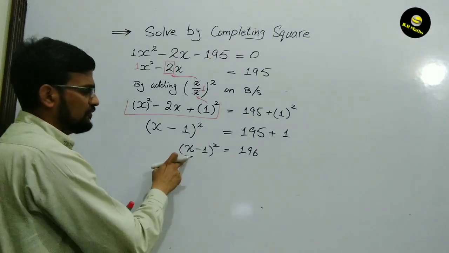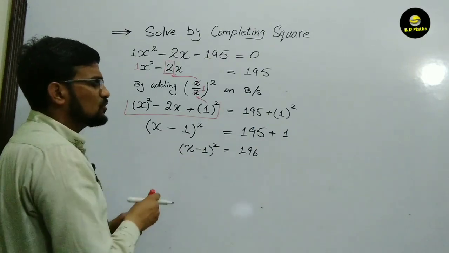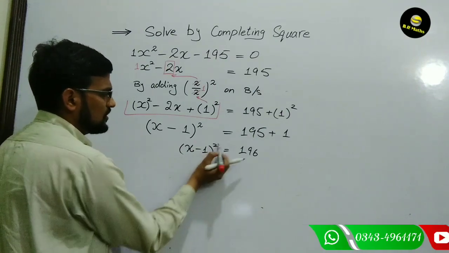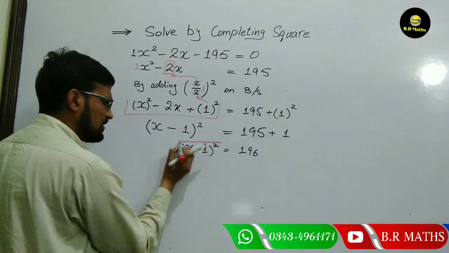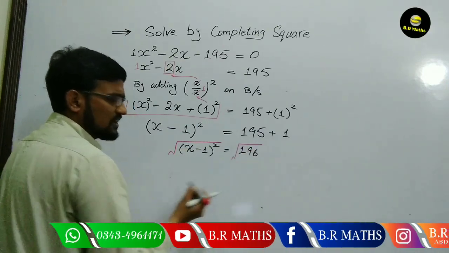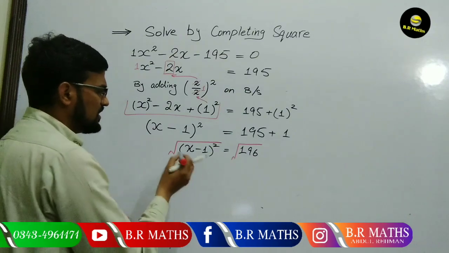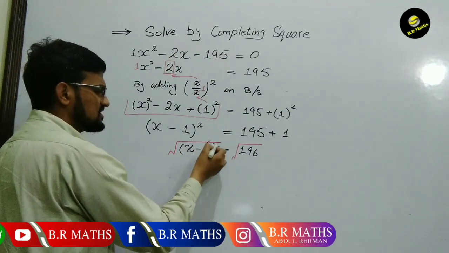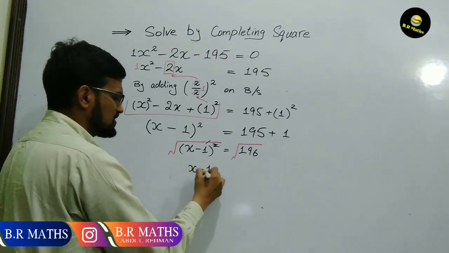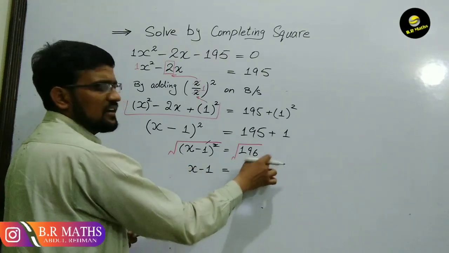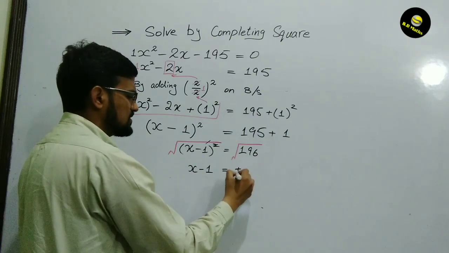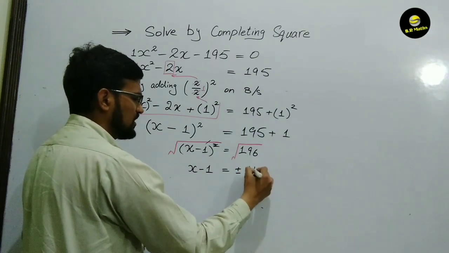For solving for x, take the square root on both sides, and the square root cancels the square. This becomes x minus 1 equals the square root of 196, which means plus minus 14.